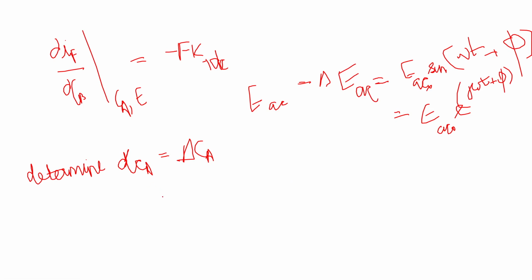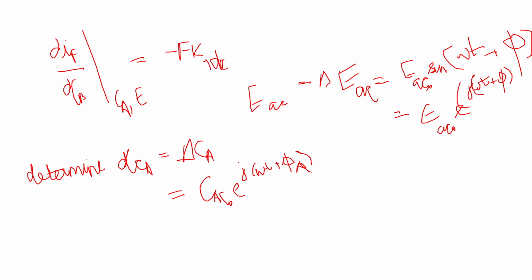I can write this AC naught e raised to j omega t plus phi A, because you are writing for concentration of A.